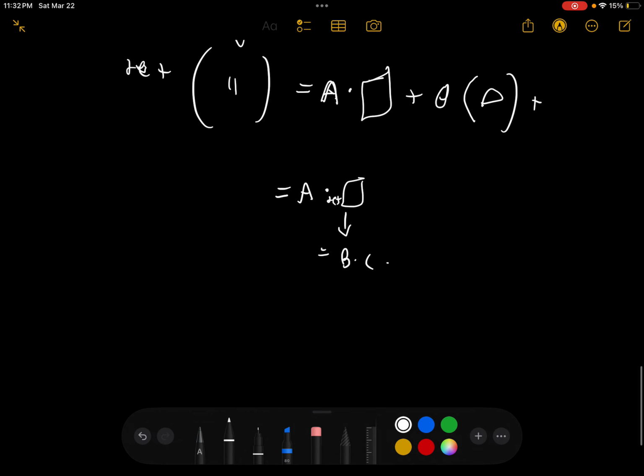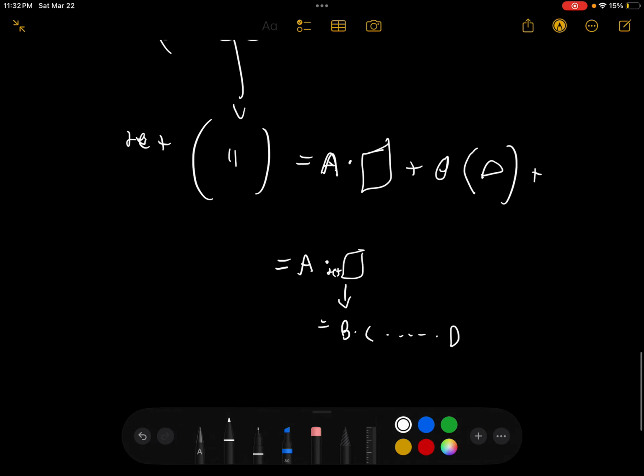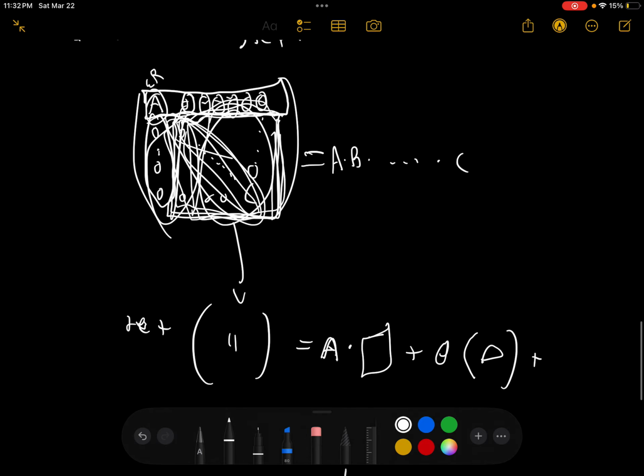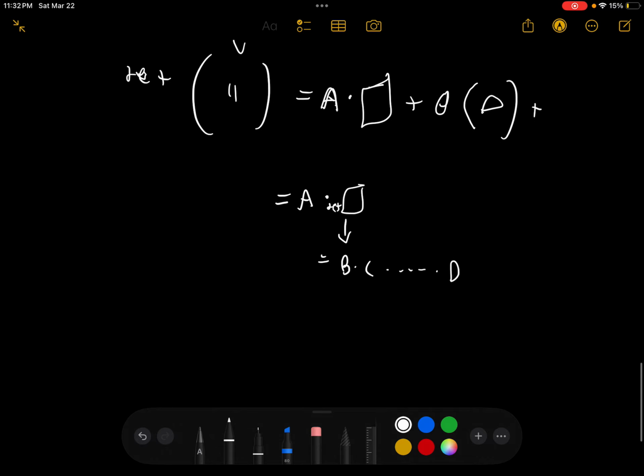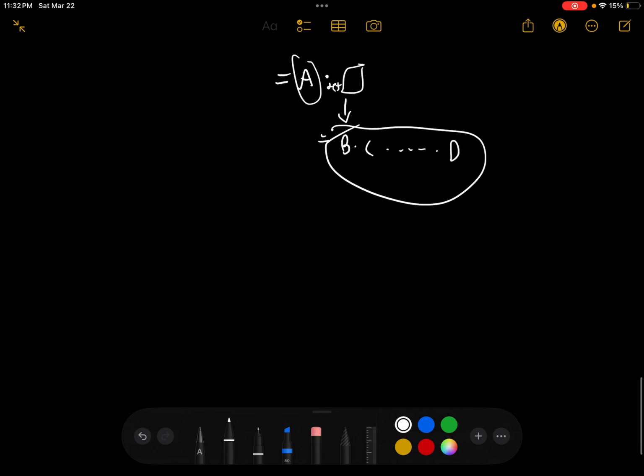So A times B times D. So we see that the determinant of the overall matrix is equal to the product of the diagonal, as we wanted. So that completes the proof.